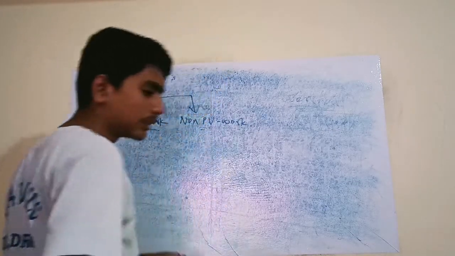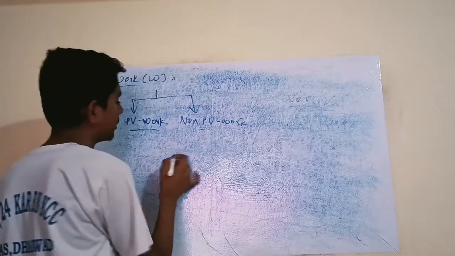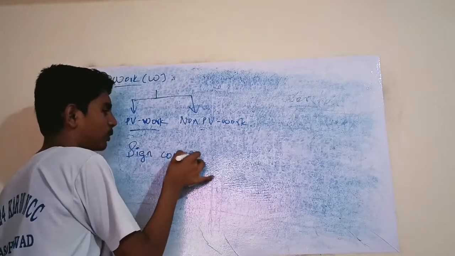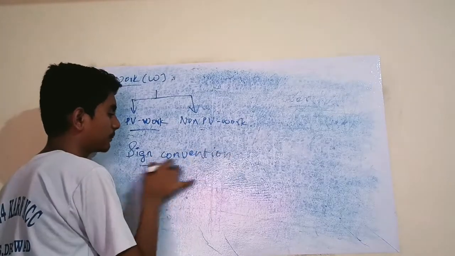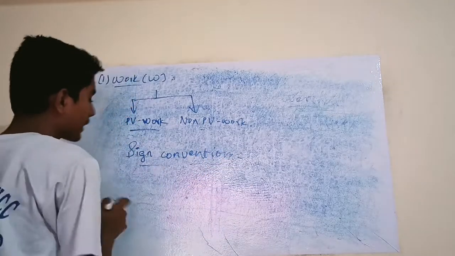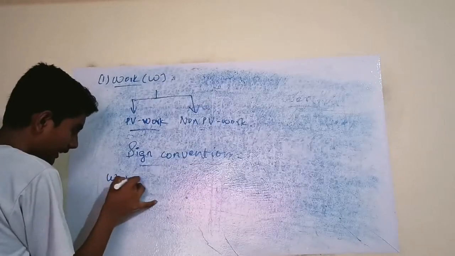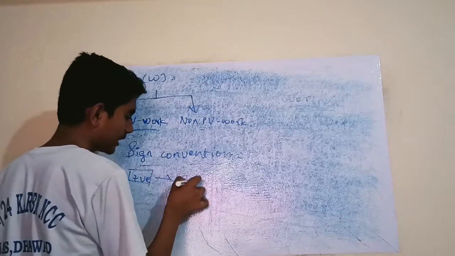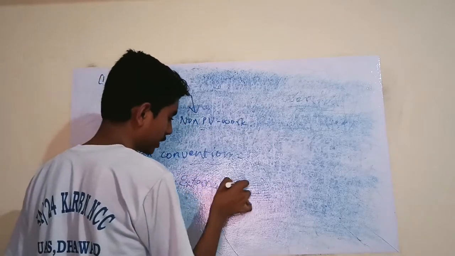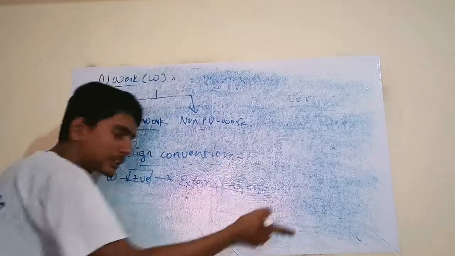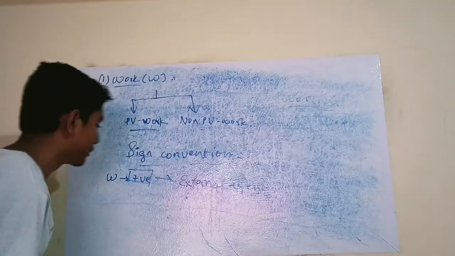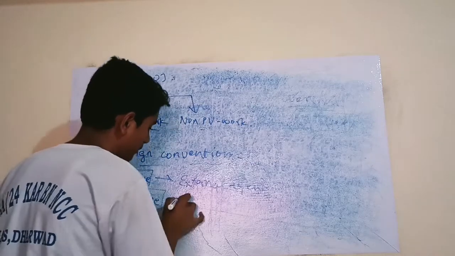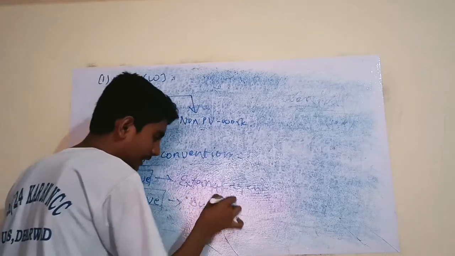Now, sign convention. We will look into the sign convention in chemistry; in physics it is exactly the opposite. Work done will be taken positive if it is done by an external agent, that is, work done on the system by an external agent is taken as positive. Work will be taken as negative if work is done by the system.